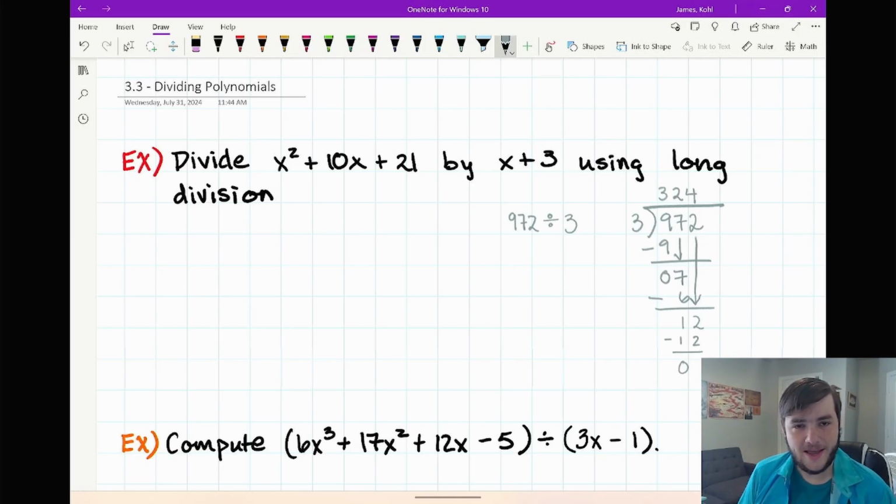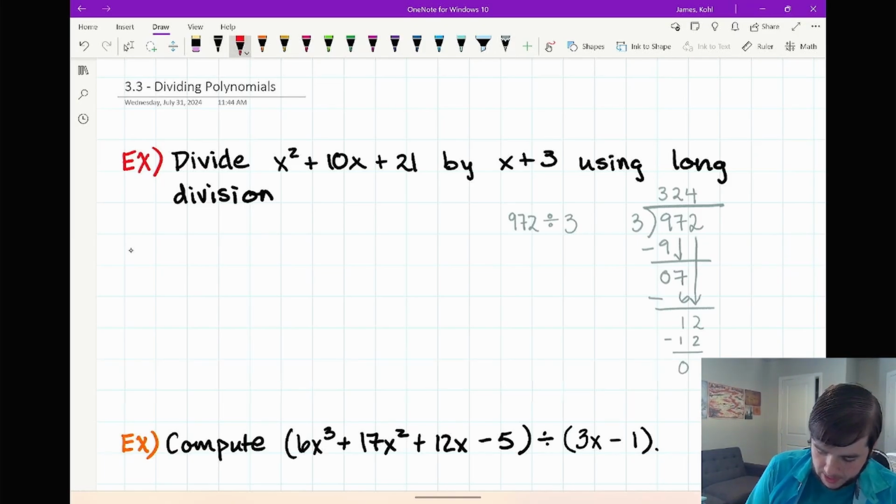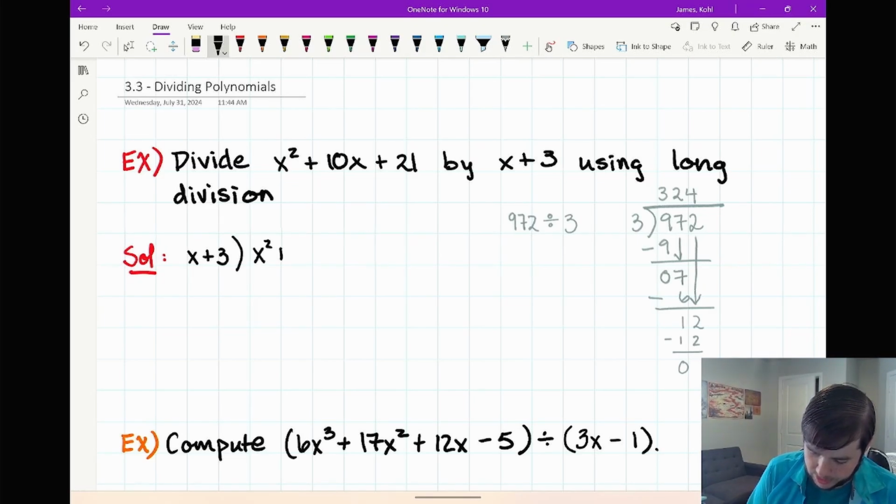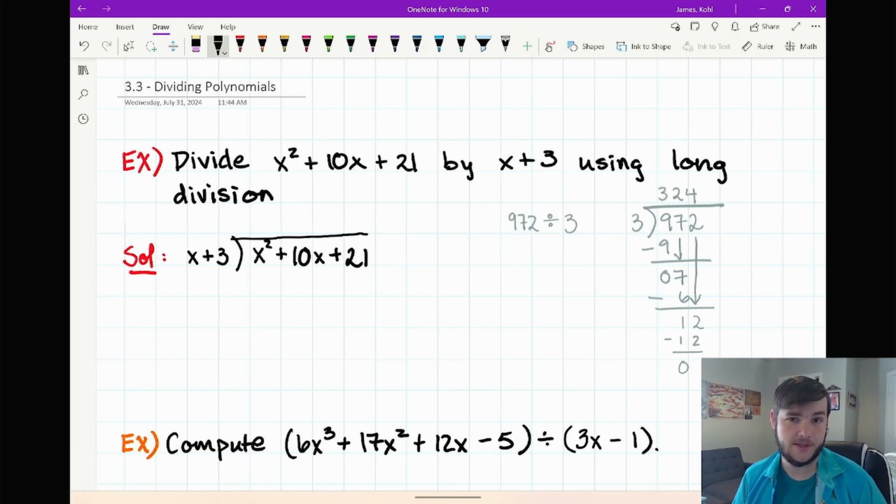Now, let's see how this changes when we have polynomials. The good news is, it doesn't change much. Still, x plus 3 is my divisor, it goes on the outside, and x squared plus 10x plus 21 is my dividend, so it goes on the inside.